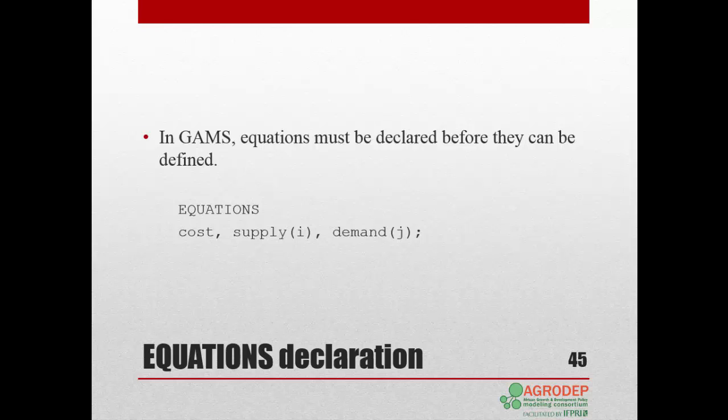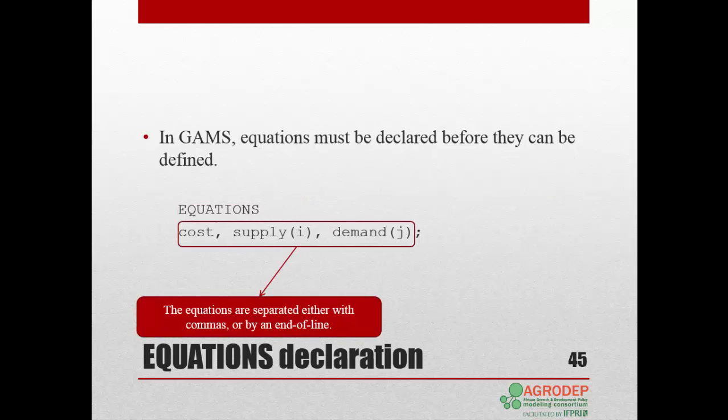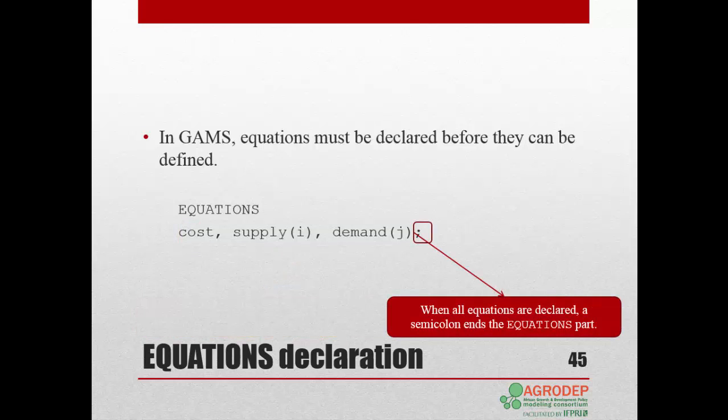In GAMS writing, the declaration of equations is headed by the keyword equations, followed by the list of equations defined over sets in parentheses. Equation names are separated by a comma or an end of line. We have named our three equations: cost, supply, and demand. Finally, a semicolon ends the equation statement.